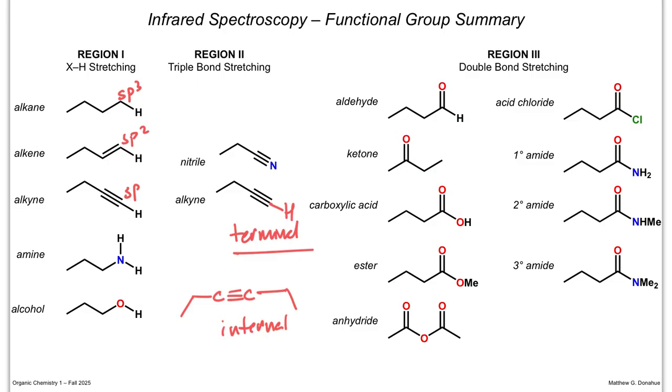But fortunately for us, whatever is bonded to that carbonyl affects the way it looks and some subtle differences in where it occurs on the x-axis. So those are the three regions we look to confirm the presence or absence of those bonding patterns.